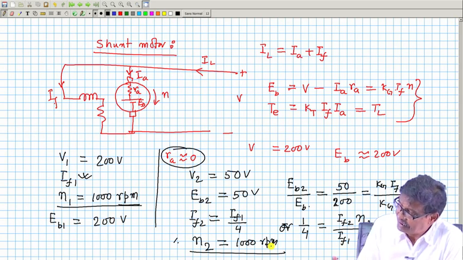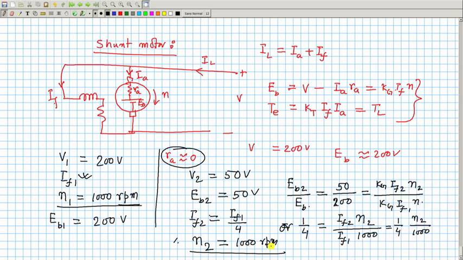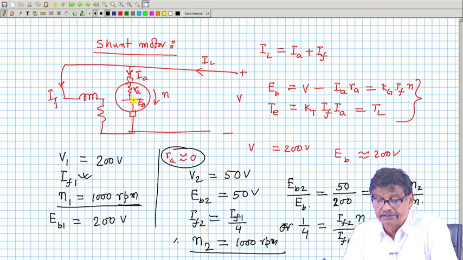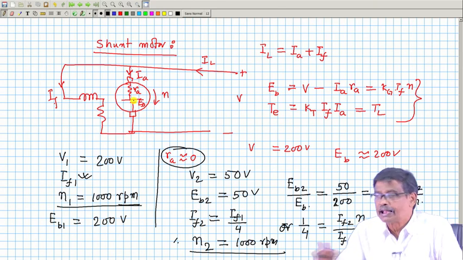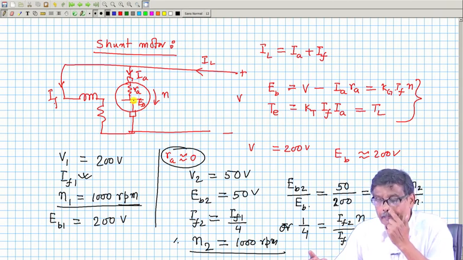See here, load torque does not come into the picture provided R A is equal to 0, but it will definitely come in otherwise, and I have to take the equation of torque. So, V minus I R A. Often, to get quick results, you neglect R A and quickly calculate, and back EMF will remain the same. Got the point?